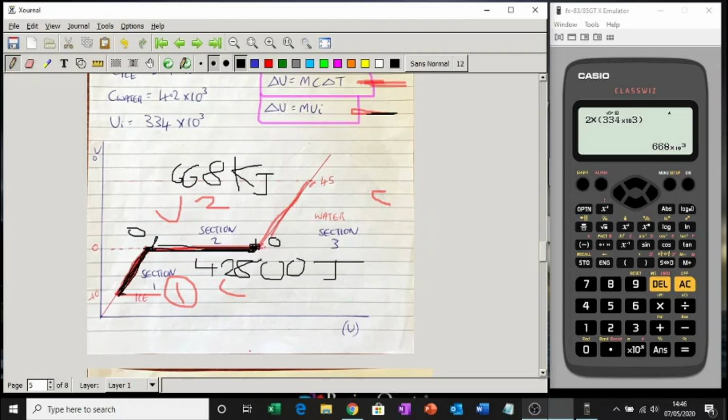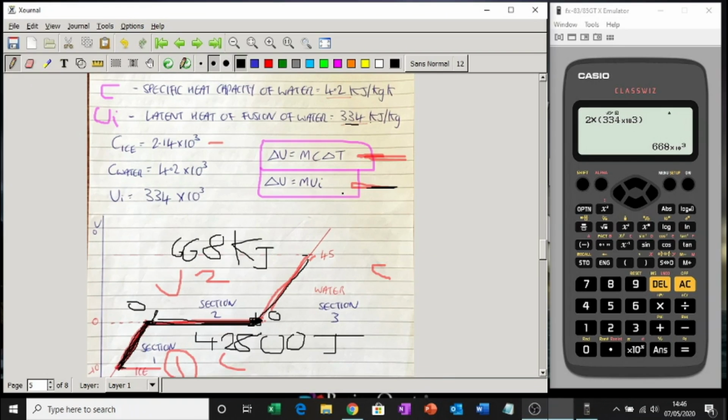But now we need to work out how much energy we need to get from 0. So the water now is at 0 degrees C. How much energy do we need to heat this water up all the way to 45 degrees C? This formula here again. Because now we've got water, we'll assume the same mass, and we've got a change in temperature now, which is going to be 45, because we've got 45 and 0.